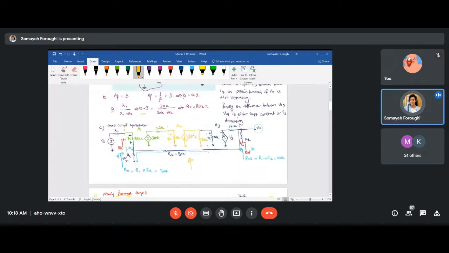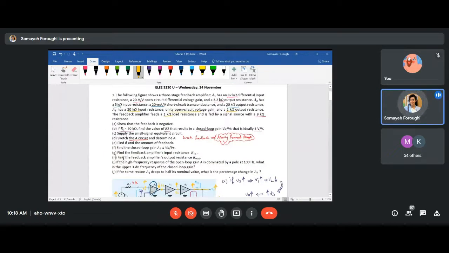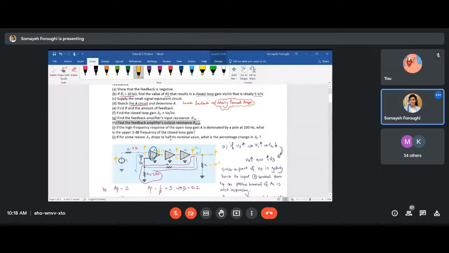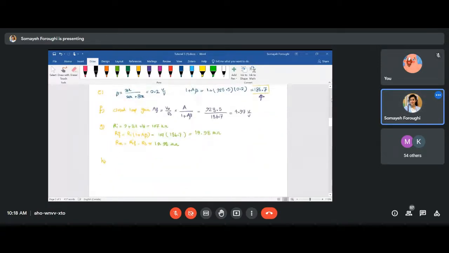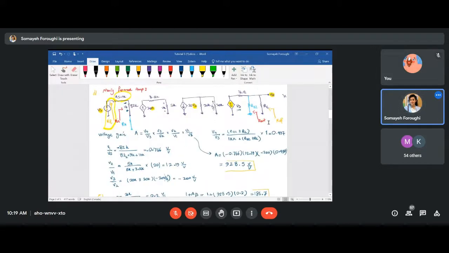In part H of the question, you should find the feedback amplifier output resistance. Okay, let's go. First of all, let's look at here. If you want to find Ro, I'm talking about this part because I'm talking about output resistance.